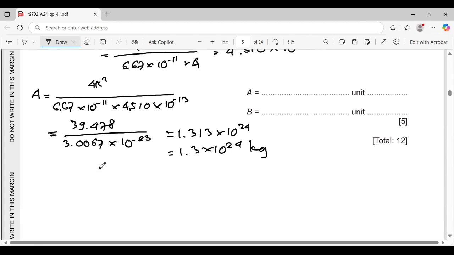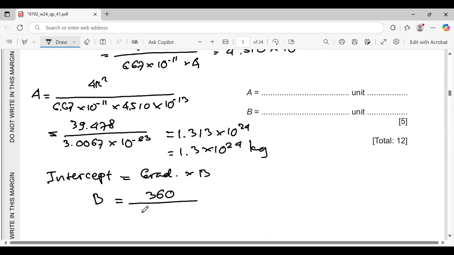Now using the intercept to find B, the intercept equals gradient times B. So it means B equals the intercept divided by gradient. Intercept is 360 over gradient 7.6667 times 10 power minus 5.